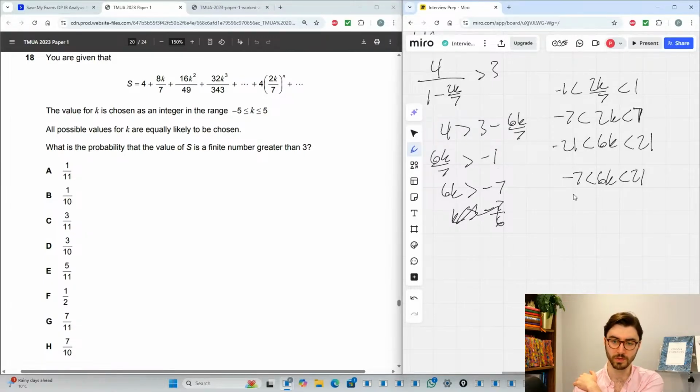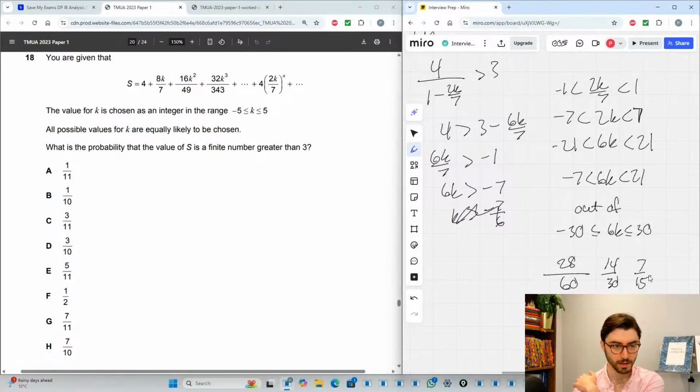I also know 6k is between minus 30 and 30. So out of that 60, you're allowed to occupy 28 numbers, which is 14 out of 30, which is 7 out of 15.